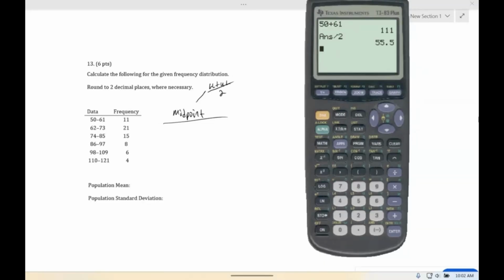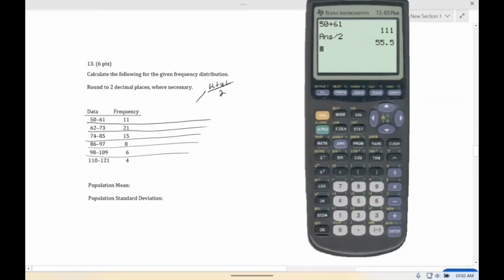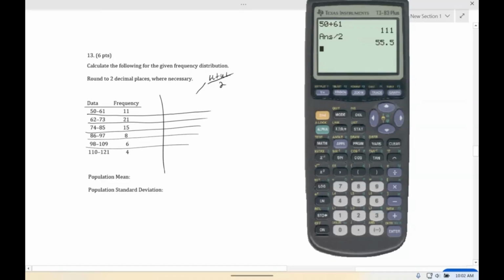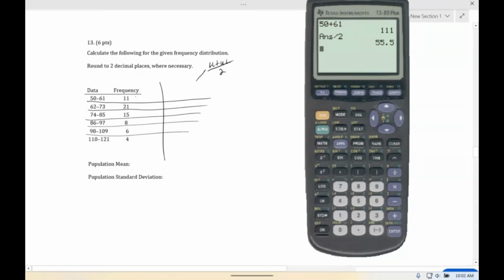And we get 55.5. So the midpoint for the first class is 55.5.